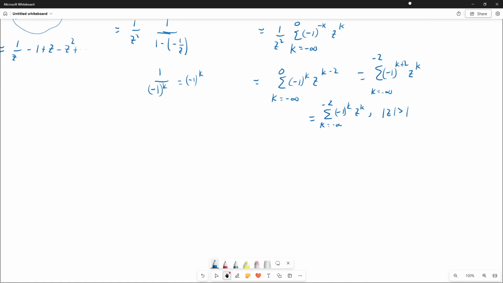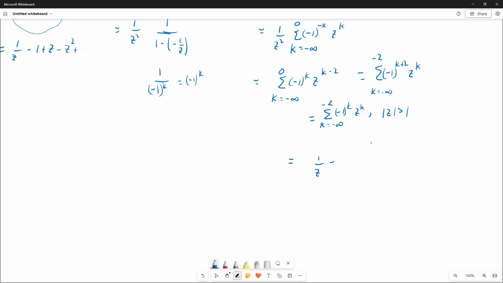And finally, let's just take this and write it in the long form. If k is -2, then this will give us a plus, so we get 1 over z squared. And this is going to alternate, so minus, and the powers are just going to get bigger on the bottom.